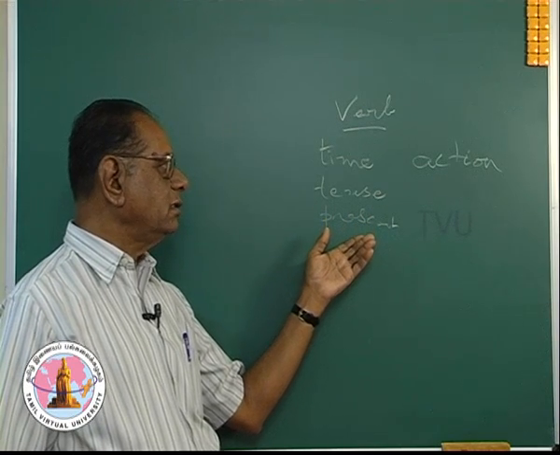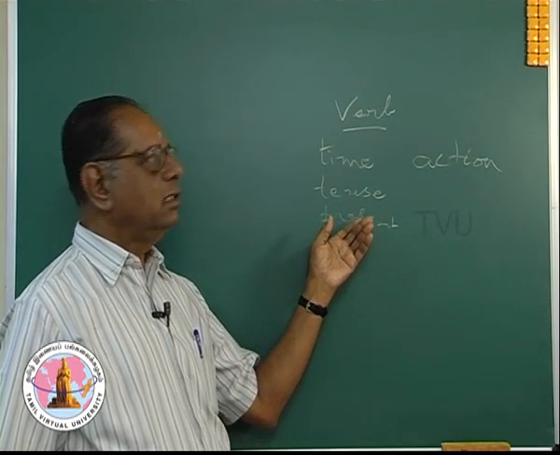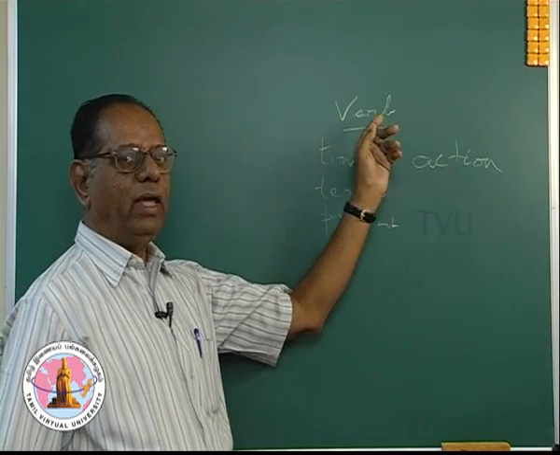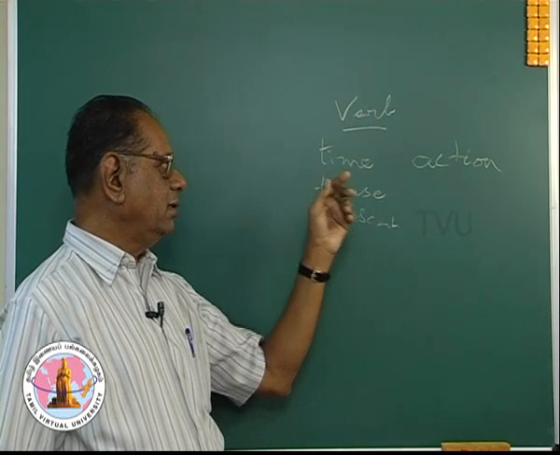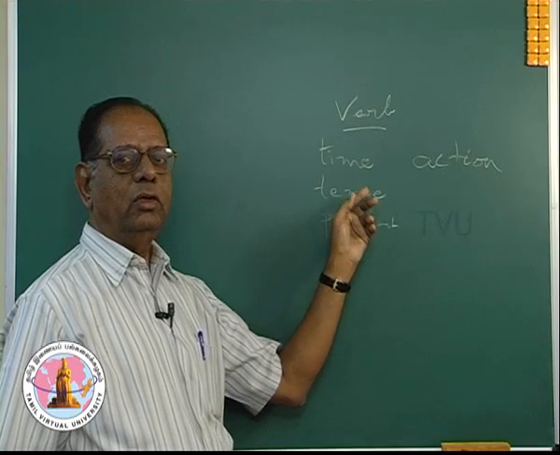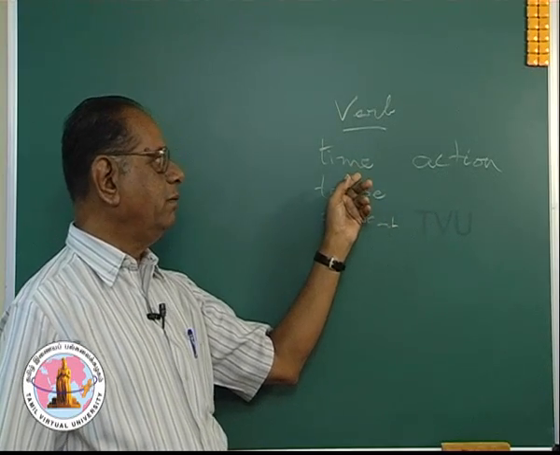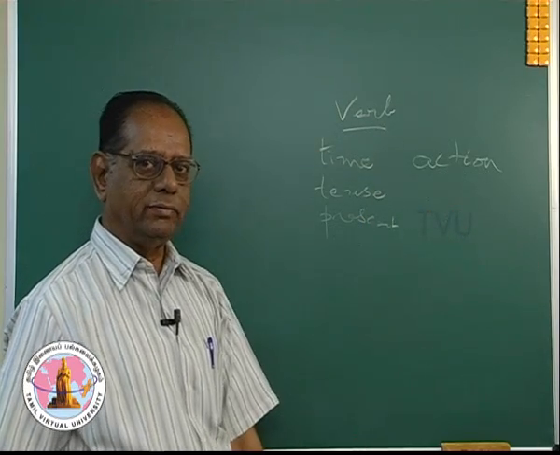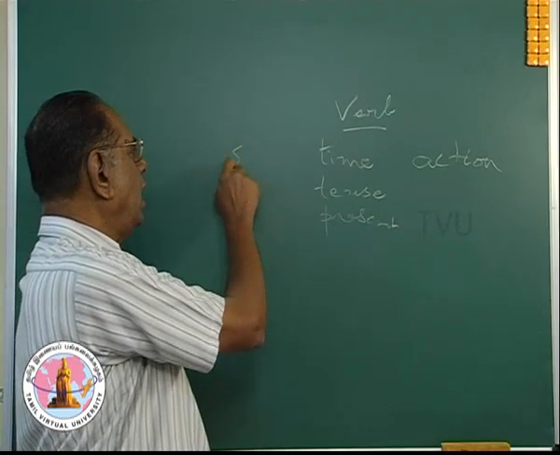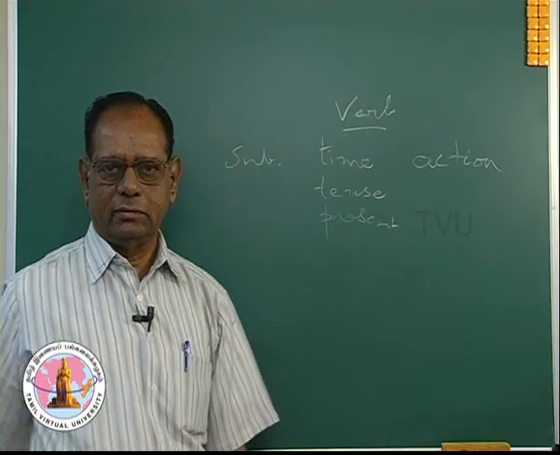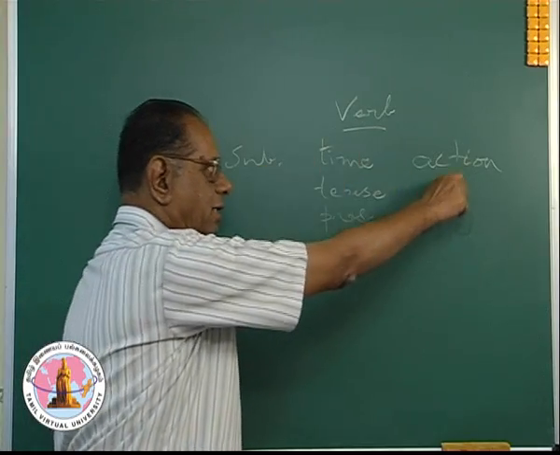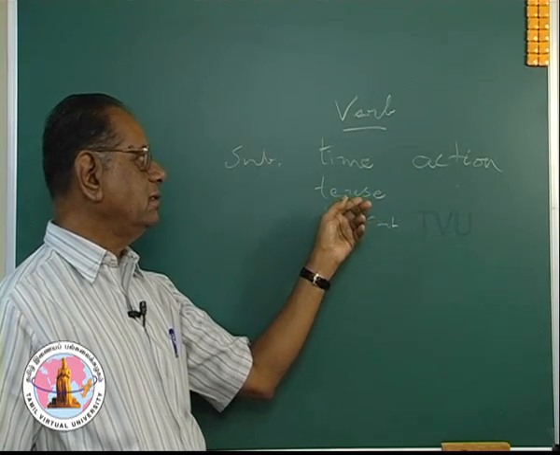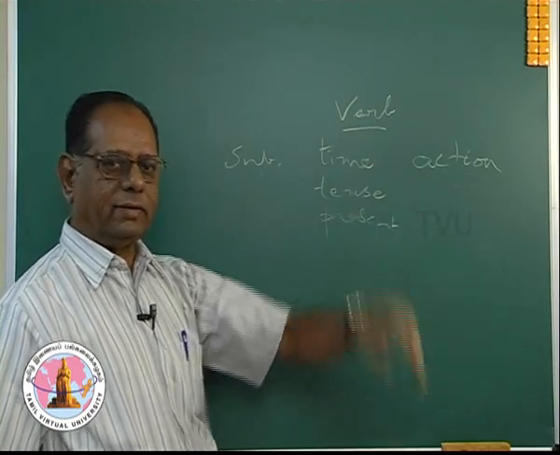So the tense indicates the time when this particular action took place, or the tense gives you the indication of the time when that person acted in a particular manner. That is to say, you have the subject and the subject acts and the verb gives the tense or the time of the action undertaken.